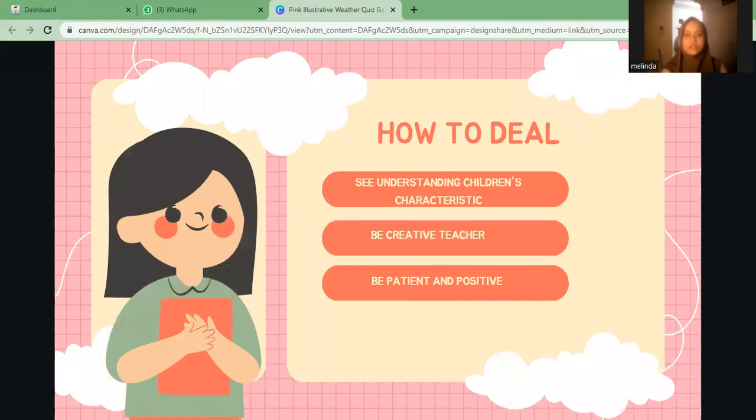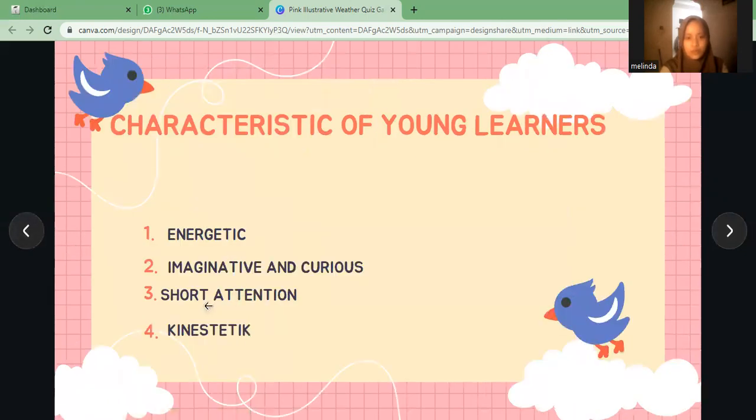And then how to deal with young learners. First, understand children's characteristics, and then be a creative teacher, be patient and positive. Understanding children's characteristics can be categorized into short attention learners and energetic young learners.